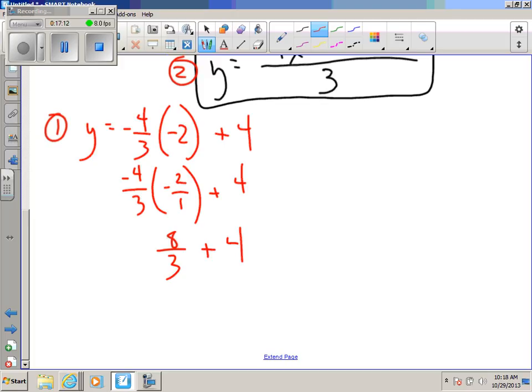Eight over 3 might be a little bit easier to work with if I'm adding to another whole number if I convert that improper fraction to what? So what is it as a mixed number? 2 2/3 plus 4. Add the whole numbers.